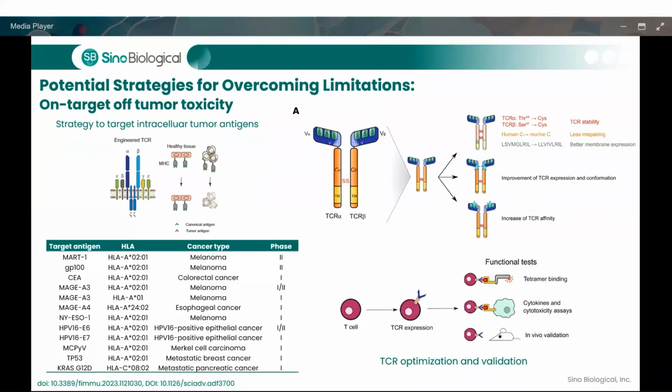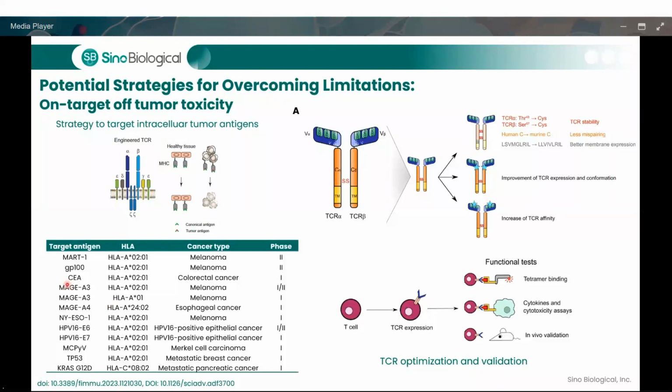Most recently, mutations in the variable regions but outside of the CDR region have been shown to improve TCR expression and stability. Once the TCR has been identified, in vitro and in vivo functional assays validate the specificity and the efficacy of the engineered T cells.